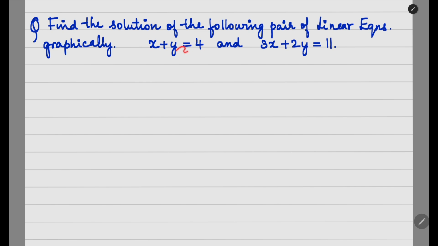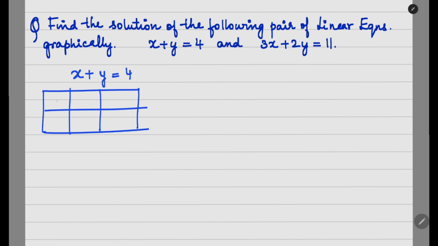One is for x and the other is the value for y. You have to find the point wherein this system of equations can be graphically represented. Let us begin. So for x plus y equal to 4, quickly let's draw the box.